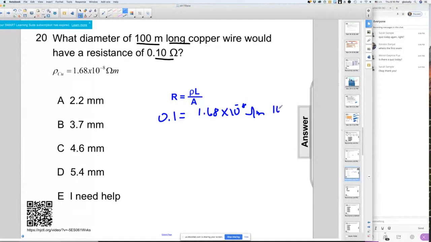It's 100 meters divided by the area, which is pi d squared, pi d over 2 squared, pi r squared, so d over 2 squared. And you have to solve this equation for d.